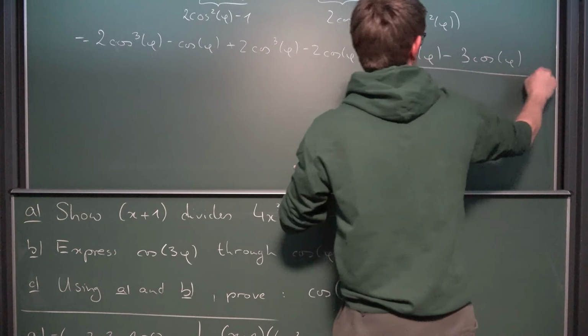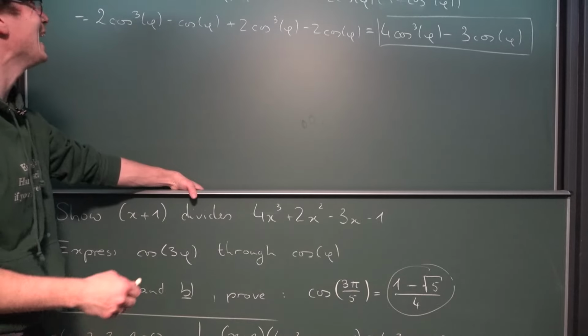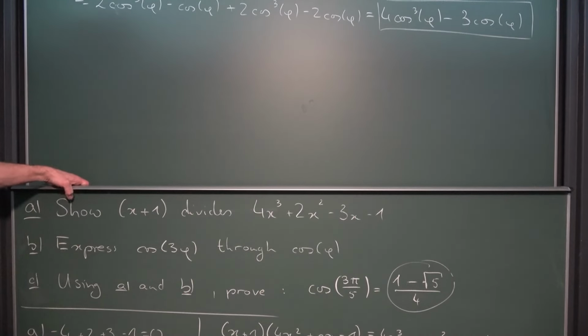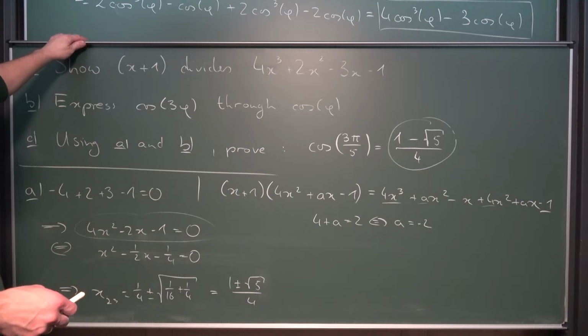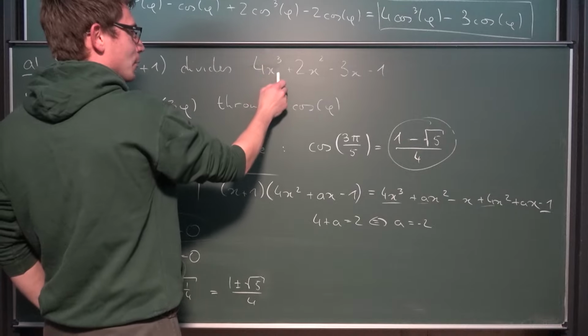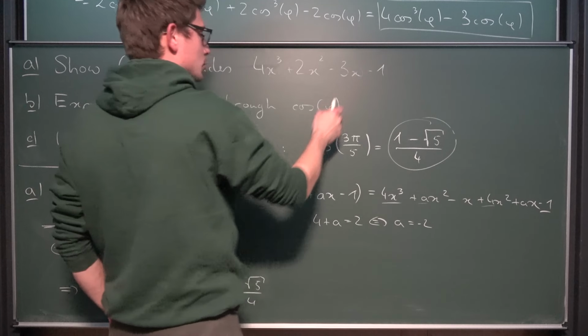I hope that this is correct. Oh! Yes! That is gorgeous. Look at that. 4 times cosine cubed minus 3 cosine.